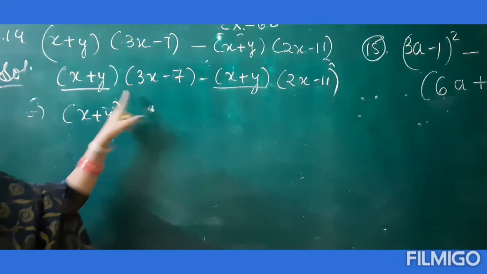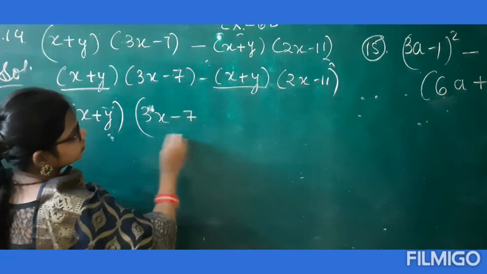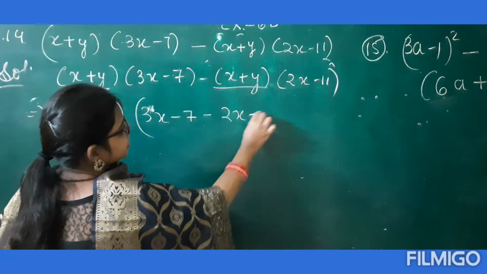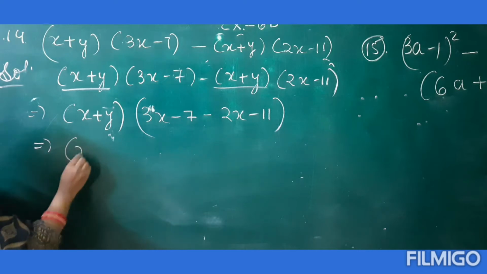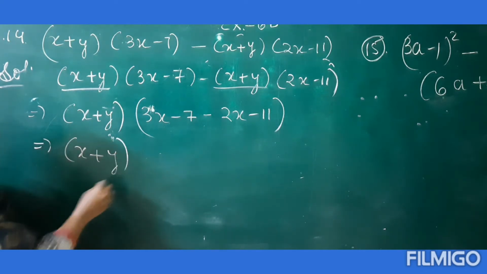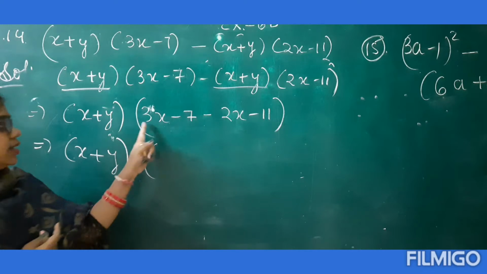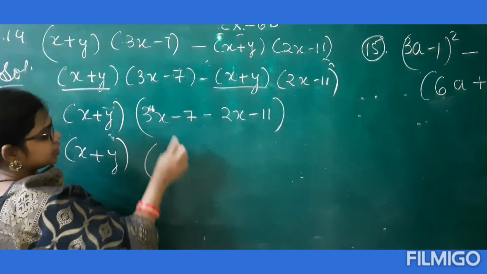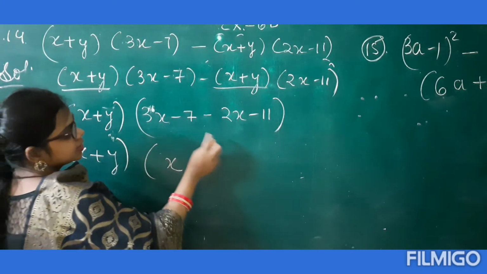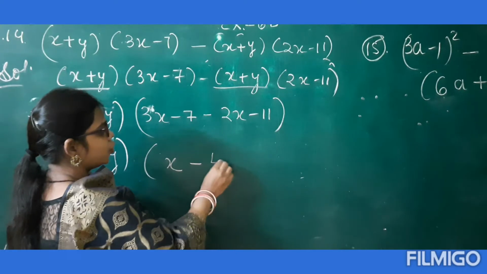So what is left? 3x minus 7 minus 2x minus 11 here. So this is the common term, x plus y here. We are remaining with this: 3x minus 2x will be x. So this will be 1x, minus 7, minus 11 will be 4.